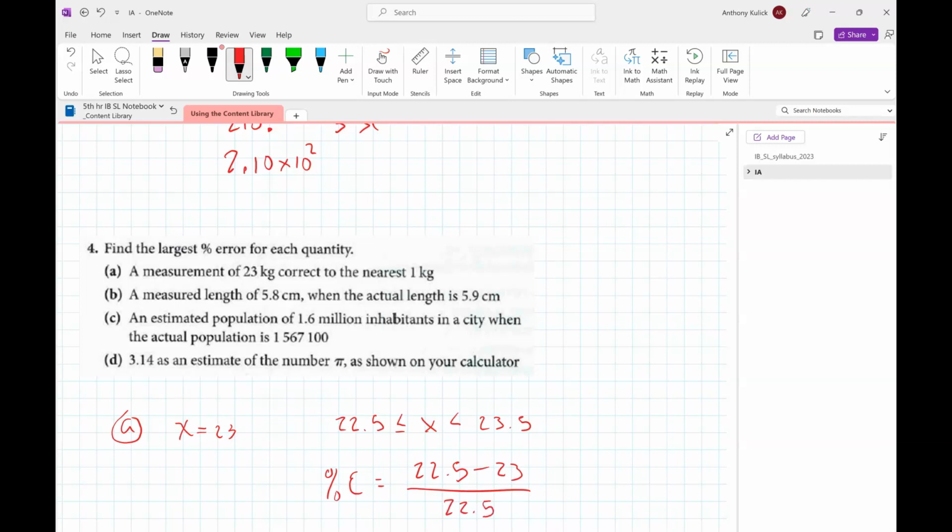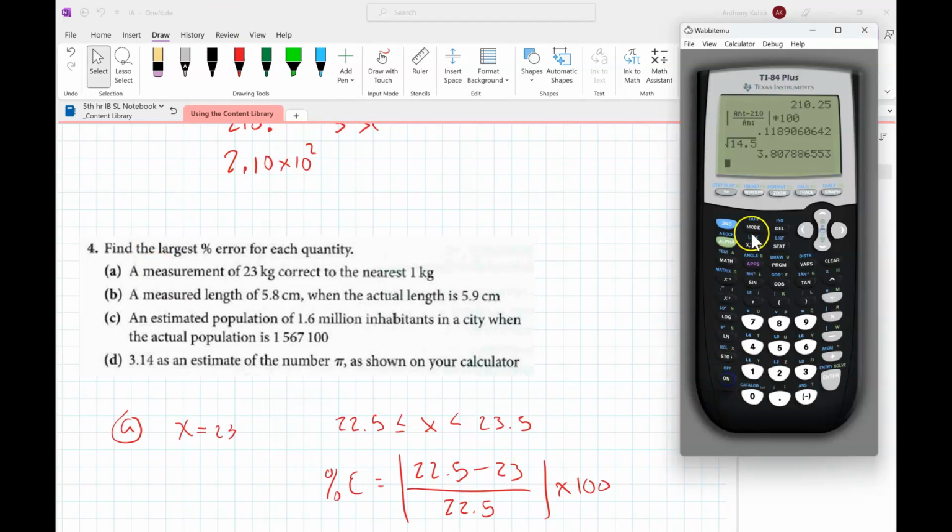So if that was the exact value and 23 was the estimate, the biggest error that we would have had would have been, we could probably write a calculator program to input the exact and the approximate and then just press enter.